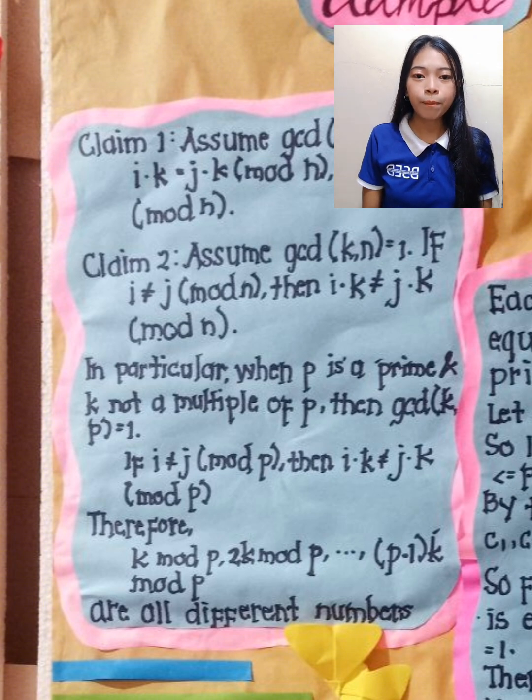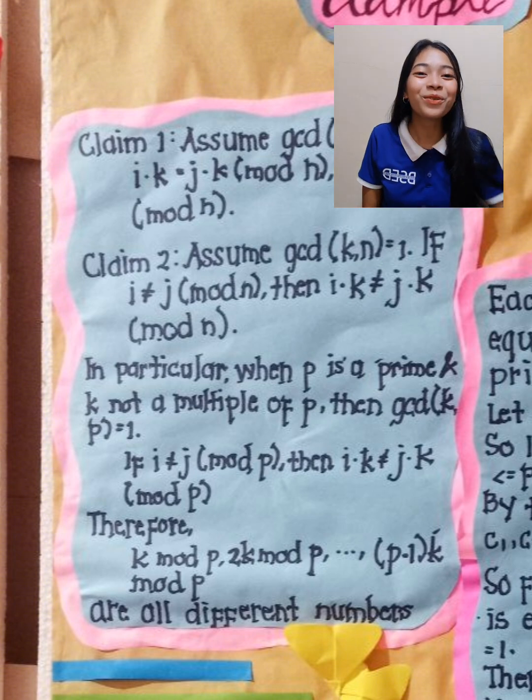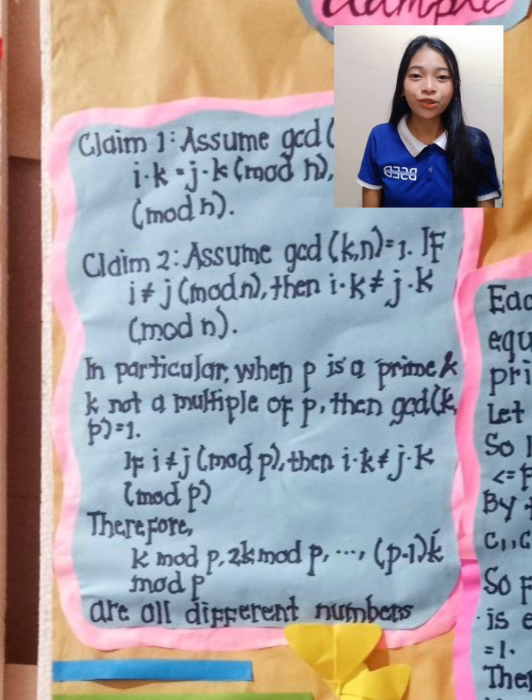Let's calculate 1 times k, 2 times k, and so on, up to 6 times k mod p, where p is equal to 7 and k is equal to 3. 1 times 3 mod 7 is equal to 3. 2 times 3 mod 7 is equal to 6. 3 times 3 mod 7 is equal to 2. 4 times 3 mod 7 is equal to 5. 5 times 3 mod 7 is equal to 1. 6 times 3 mod 7 is equal to 4. So the answer is 3, 6, 2, 5, 1, 4.